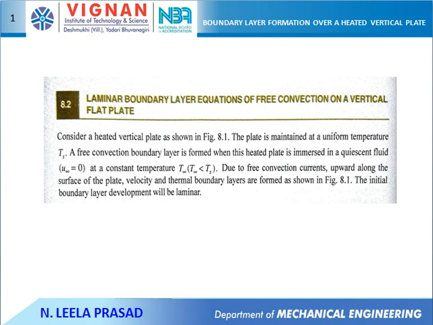So here it is the formation of boundary layers, both thermal boundary layer and velocity boundary layer in natural convection over a vertical flat plate.